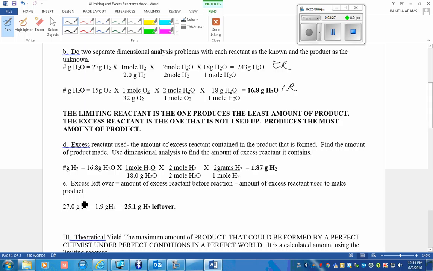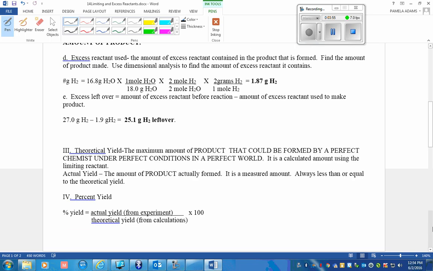That means if I started out with 27 grams of hydrogen, I used 1.9, that's 1.87 rounded, 1.9 grams of hydrogen, leaving 25.1 grams of leftover unreacted hydrogen in my reaction chamber.